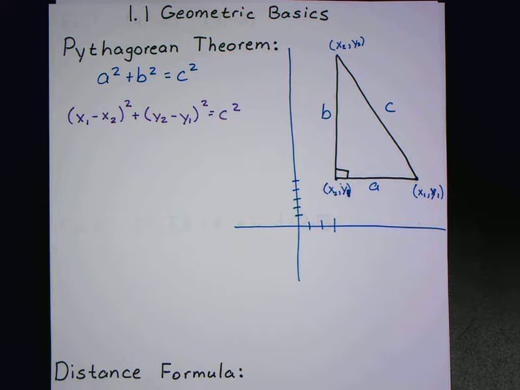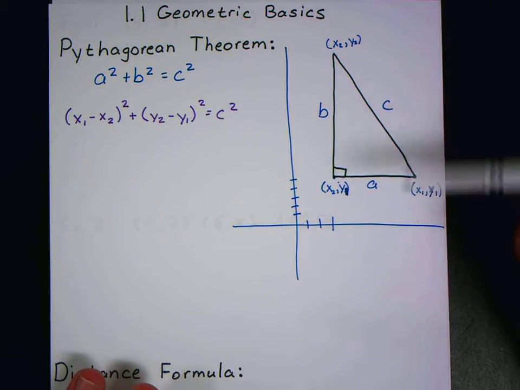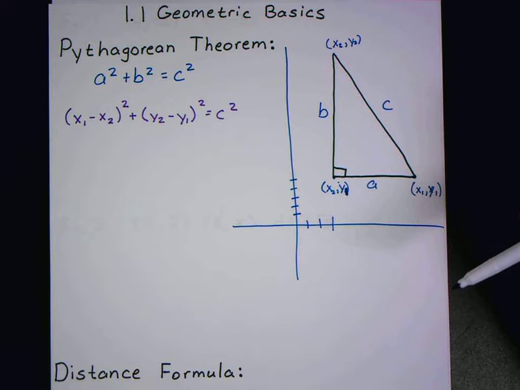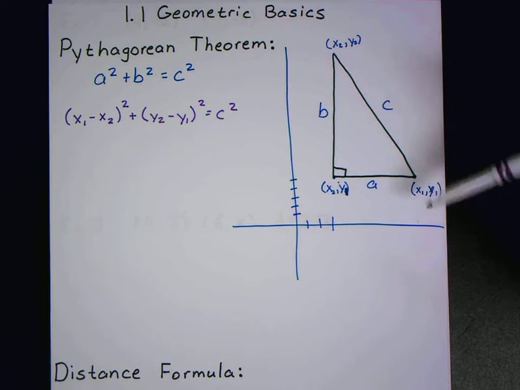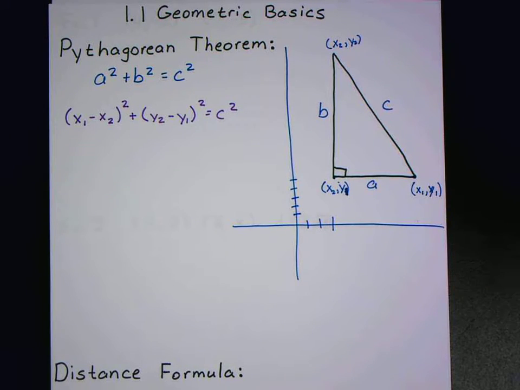Because X would be our horizontal distance. If we want a vertical distance, we go to our Y values. Okay, now but C, we can't really use that for C because C is slanted, right? So if I want to know what C is, I could find C by solving for it.